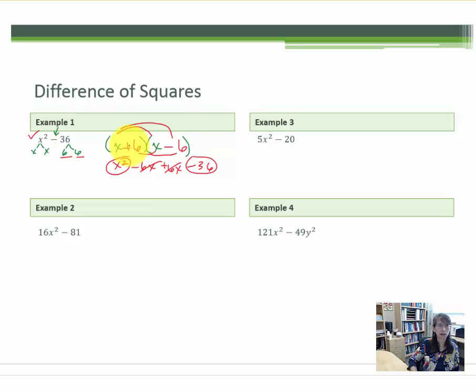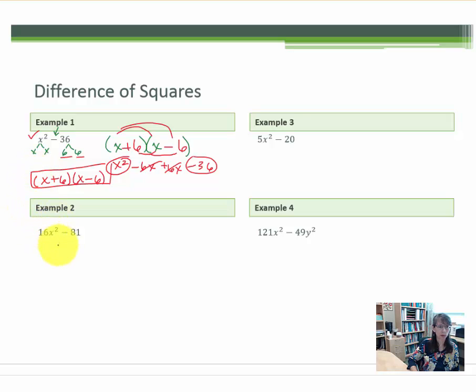If you are ever in doubt about which sign to use, plus or minus or two of a kind, simply distribute and check your answer, so you don't have to memorize what to use here. Just to be clear, the final answer is the quantity x plus 6 times the quantity x minus 6.